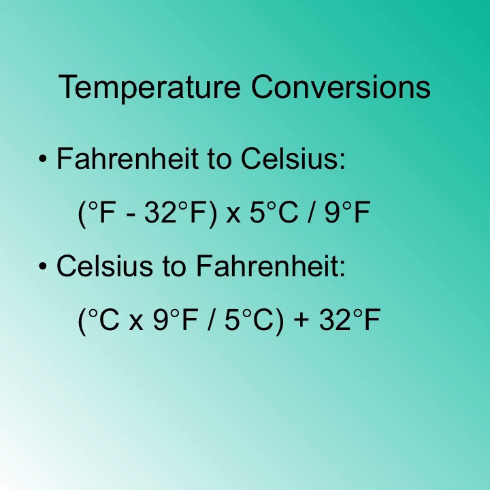Now, what you should have learned at some point in your scientific career up to now is that you can divide out like units. So what I'm going to have is 318 degrees Fahrenheit times 5 degrees Celsius over 9 degrees Fahrenheit. My Fahrenheit units will divide out, and I will be left with degrees Celsius.